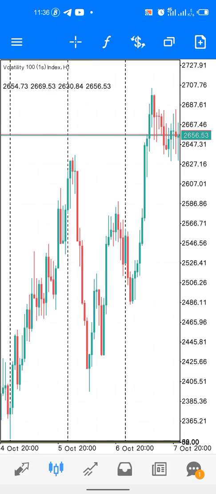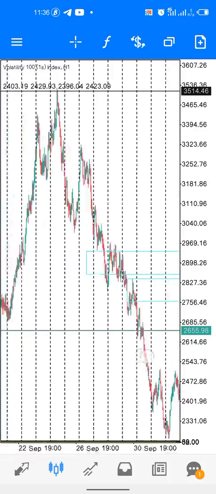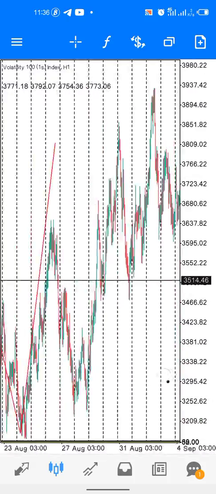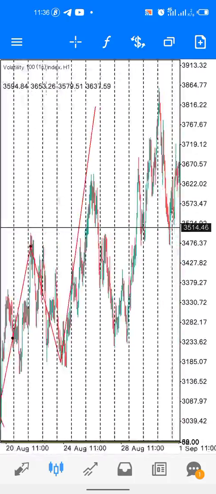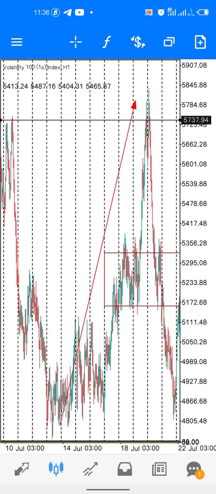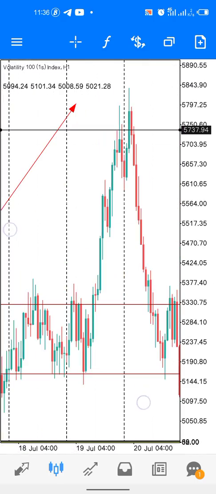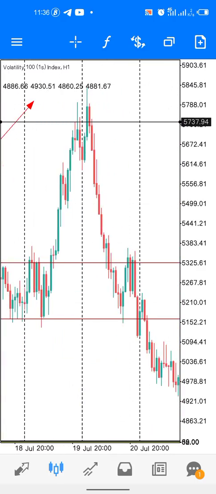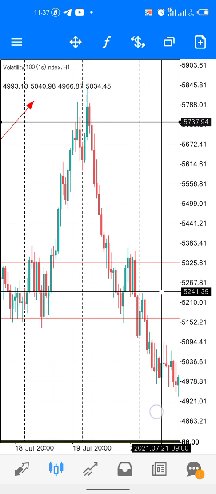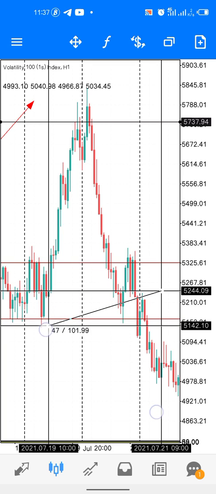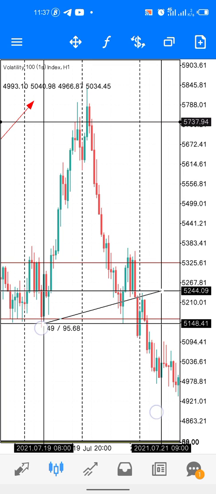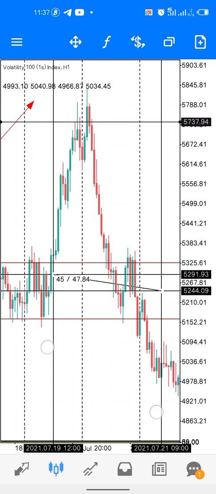Let's go to H1, sorry, let me carry it to H1 to see it more clearly. So expecting price to come here, but price gave us a retrack. I would have taken a trade at this point, expecting price to go here. This is 9.5 pips.